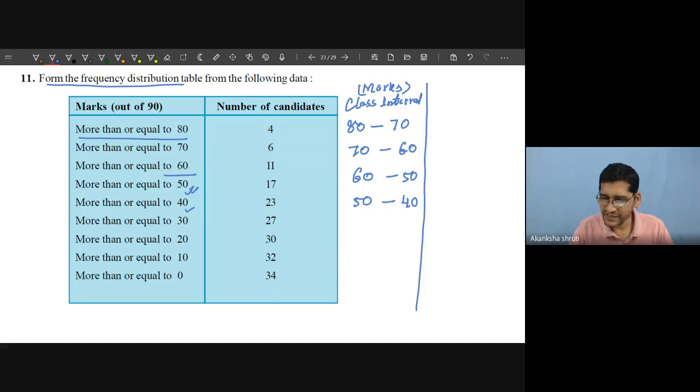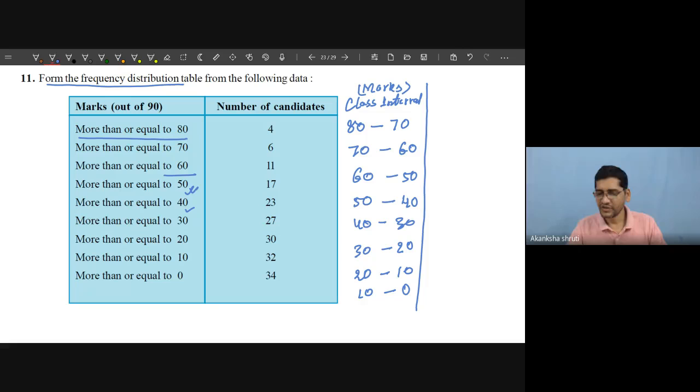Tell me, we have converted the class interval into more than type. So it's okay, or is there any error in this? So let me first write it: 40 to 30, 30 to 20, then 20 to 10, then 10 to 0. Is it correct to write this way or not?